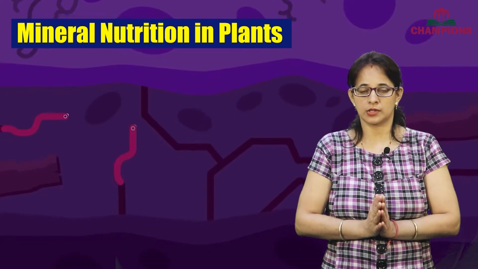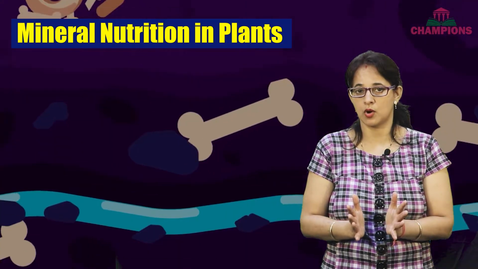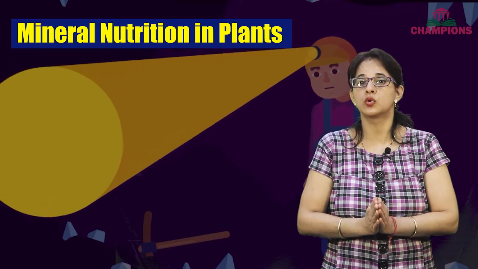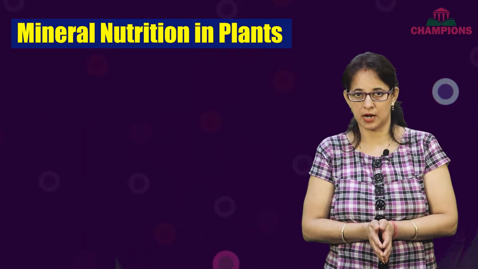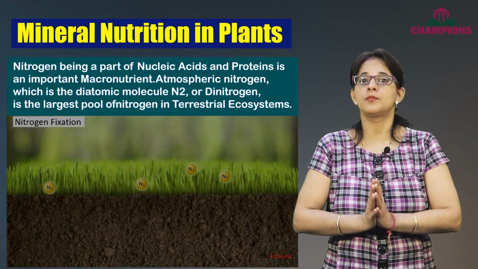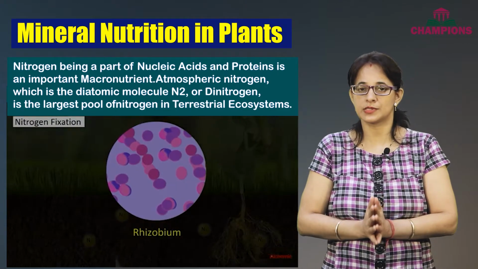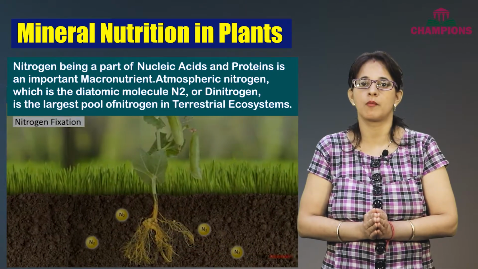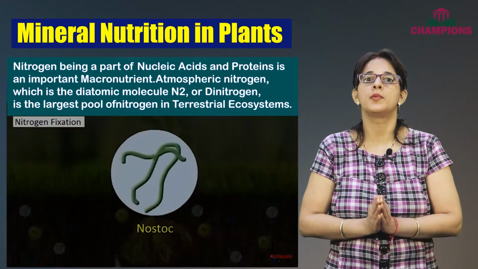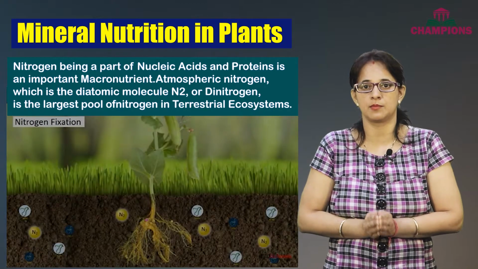Now coming to nitrogen. Nitrogen is one of the major macronutrients in the plant body, and it is responsible for building up the nucleic acids as well as proteins in the plant body. As you know, 78% of the atmosphere is nitrogen, and it is present as a diatomic molecule, N2, but still it is not absorbed by the plants. The plants cannot use this nitrogen for building up their plant body.